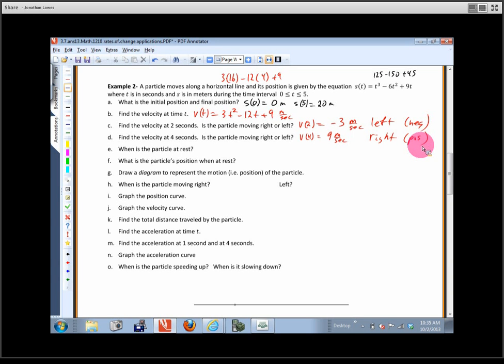Next question. When is the particle at rest? We have a position function and we have a velocity function. Which of those two is going to tell us when it's stopped? Velocity. We want to know when the velocity is equal to 0. So let's set this equal to 0.